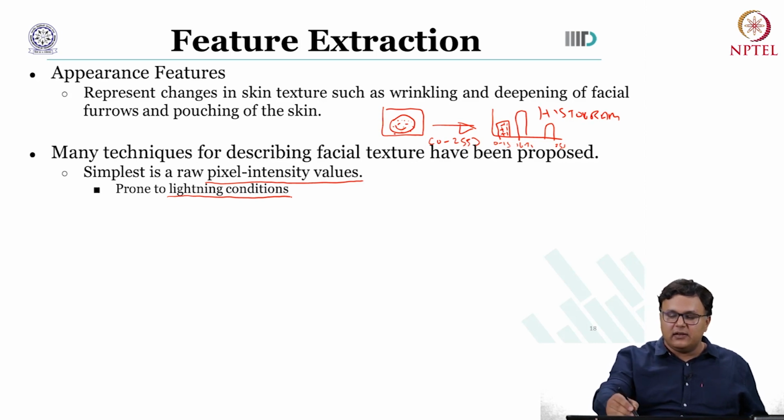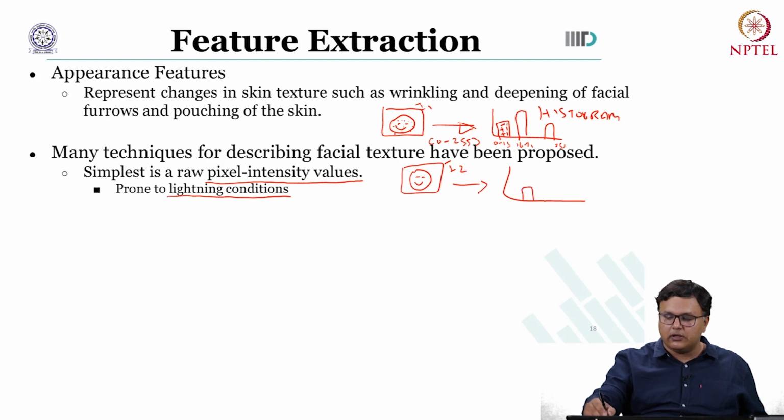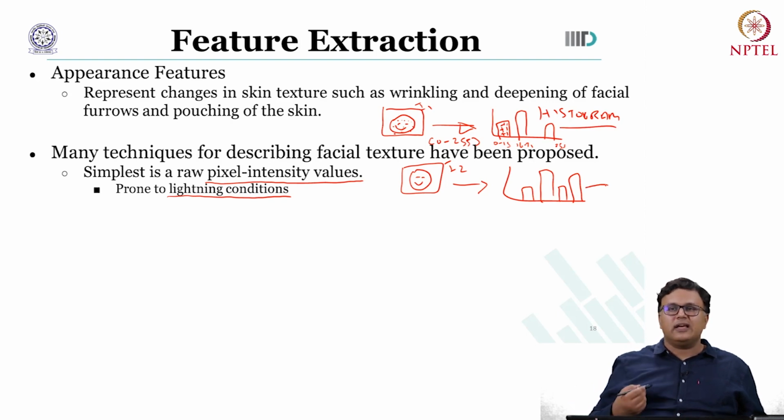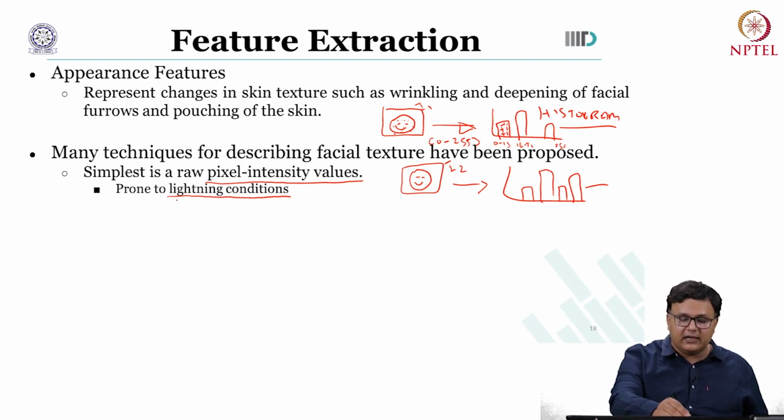Let's say in image 1 the same expression was there, and then you had image 2 captured after a while with the subject showing the same expression but in a different lighting, then the histogram which you would create based on the intensity will be different. Notice the histograms here are from the same facial expression of the same person but are different because the lighting condition has changed.